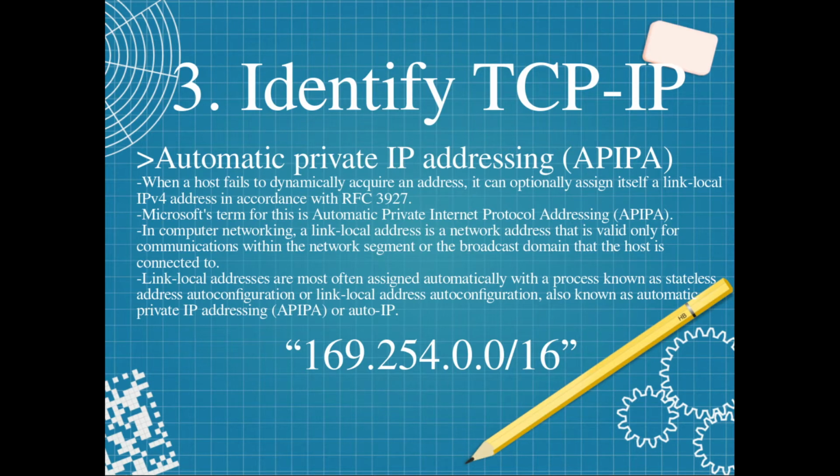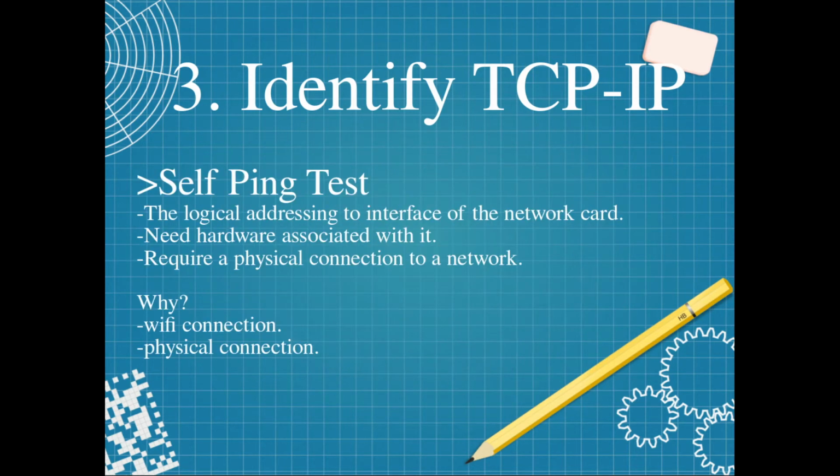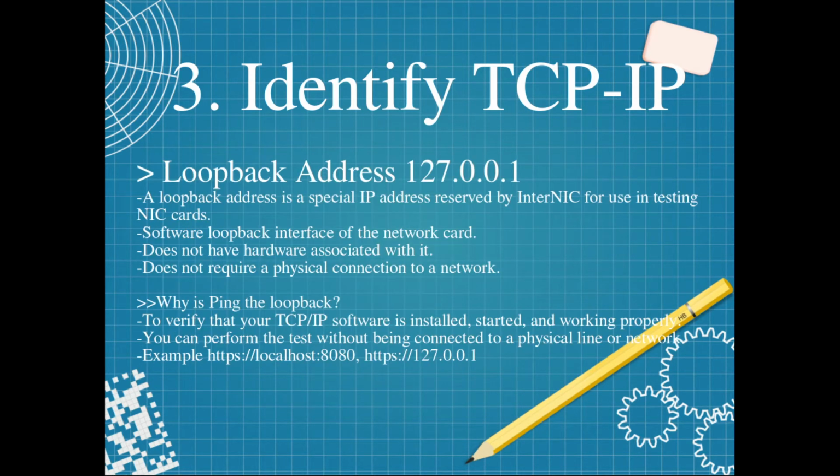Today we will understand how important these three are. First is loopback, second is self ping test, third is APIPA, also called automatic IP or link local IP. So, do you know about these three?